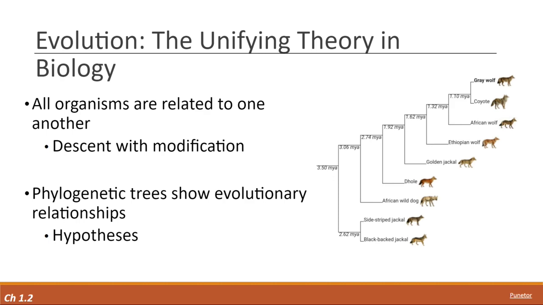So, let's discuss this idea of evolution a little bit. What is evolution? Well, very simply stated, it is change over time. When we talk about evolution in biology, we're talking about changes in the genetic makeup of populations.